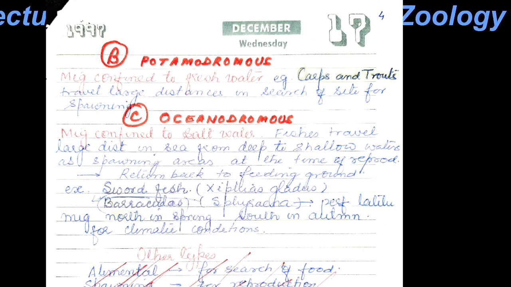This oceanodromous type of migration is exhibited by swordfish Xiphias gladius, barracudas, and Sphyrna, which perform latitudinal migration north in spring and south in autumn owing to climatic conditions.